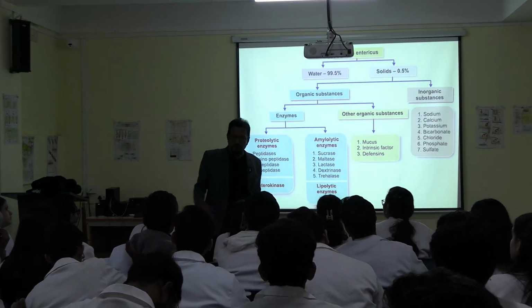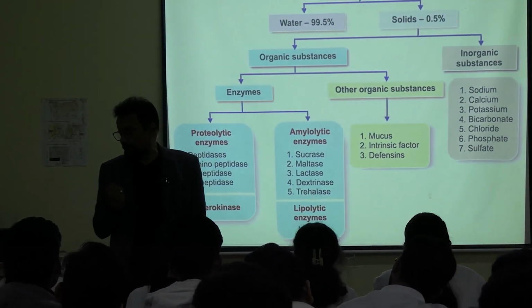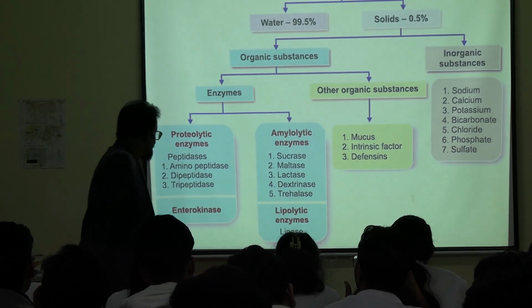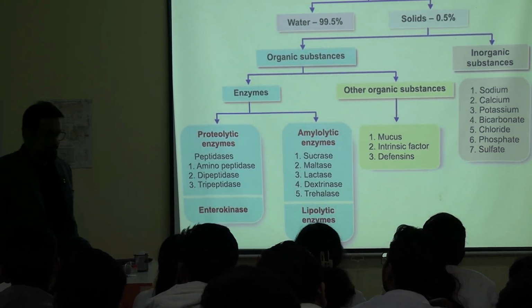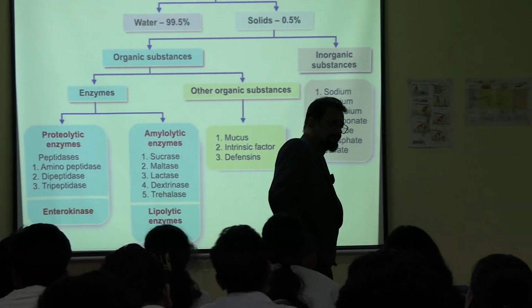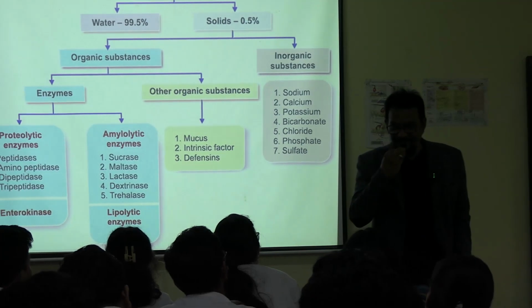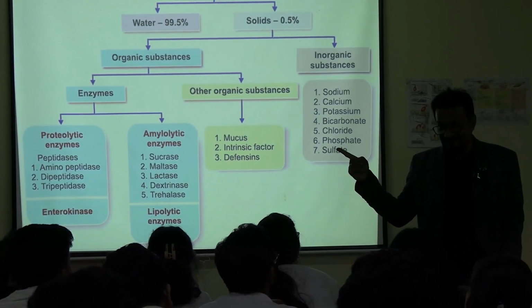In our next class, we will study how these amino acids are absorbed. Then we will discuss the amylolytic enzymes, how carbohydrates are digested. Digestion starts here with salivary amylase, a 1,4-glycosidase.